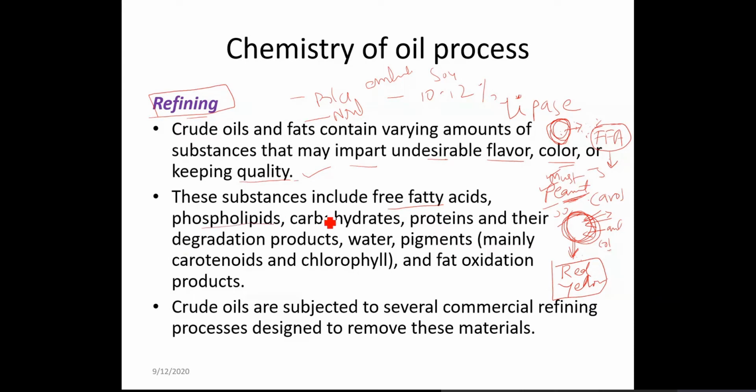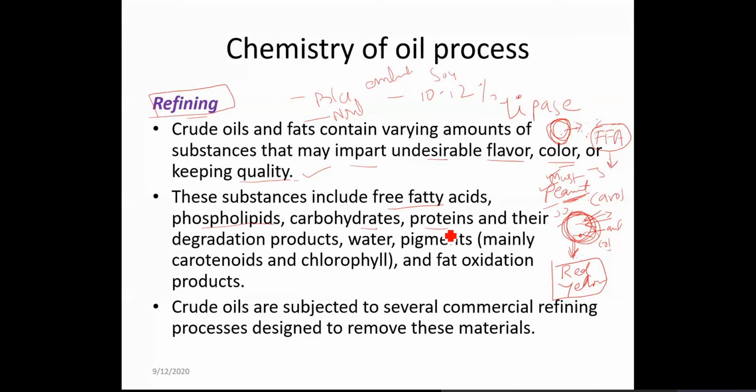Phospholipids are naturally present in the seeds. Carbohydrates are naturally present. Proteins are naturally present. And if you have protease enzyme in the seed, it will act slowly, because the seed is in active form. The seed also has a germ. The moment the enzymes get a favorable condition of temperature, they will start acting upon their substrate.